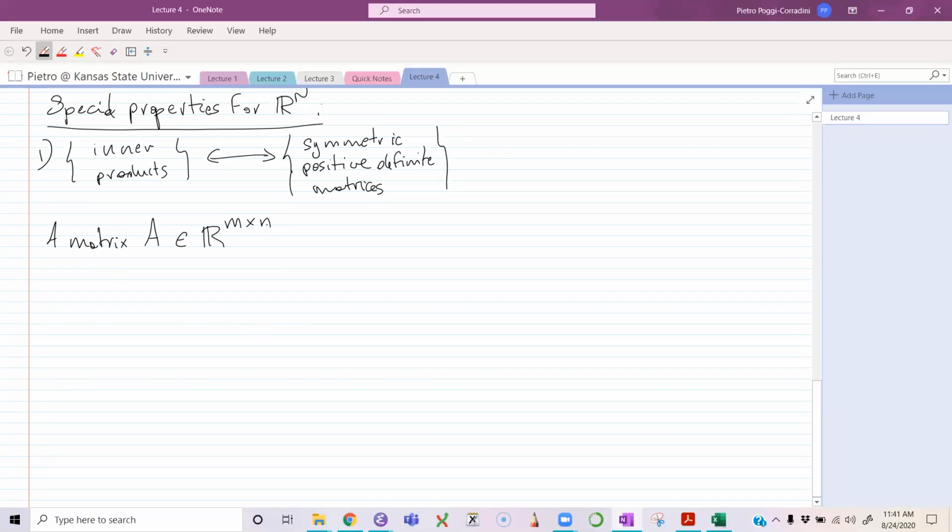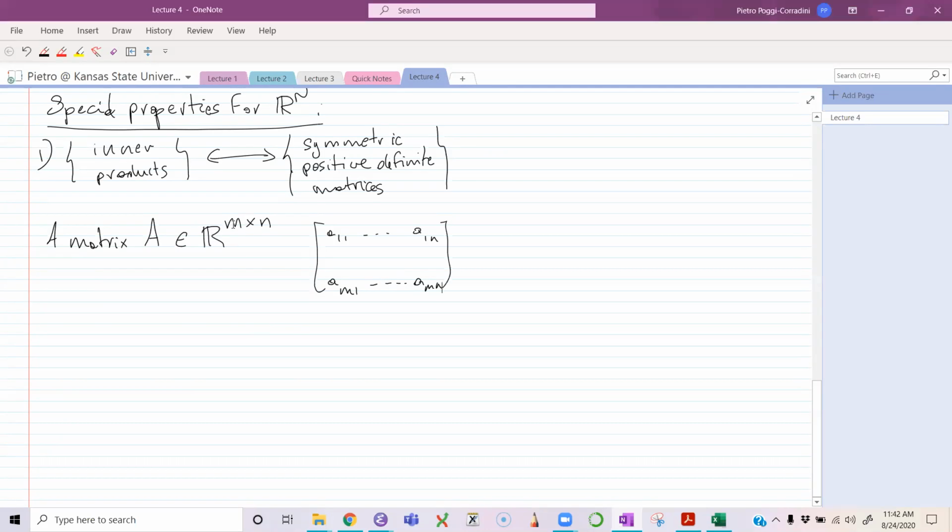And so it has m rows and n columns, and it will have entries that look like this. So there are m times n real numbers, and that's why we use this notation.